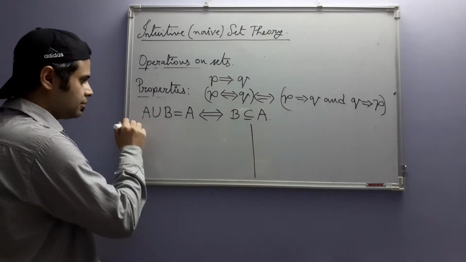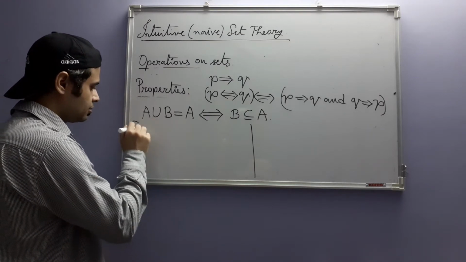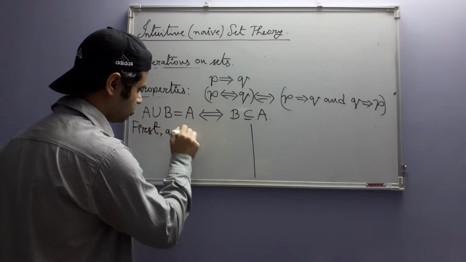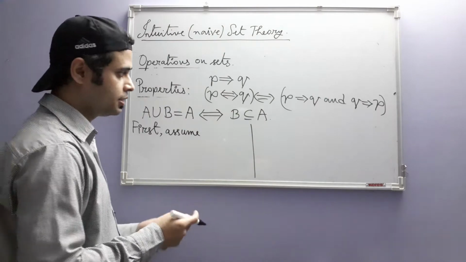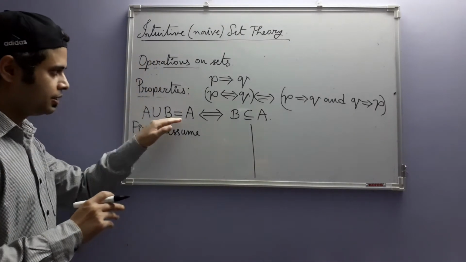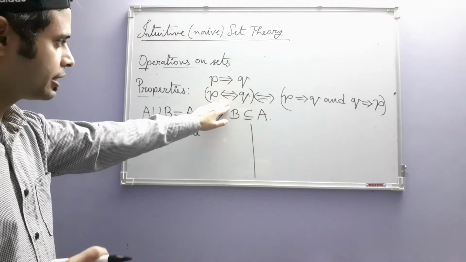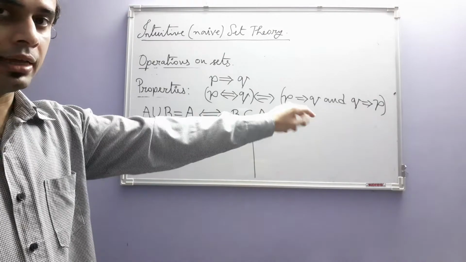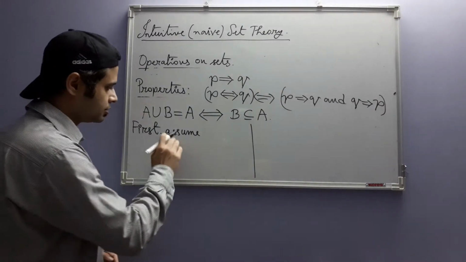In one part, first assume, let us prove the easier one first. In this type of statement, it is most often the case that one of these is very easy to prove, but the other is much more difficult in comparison.